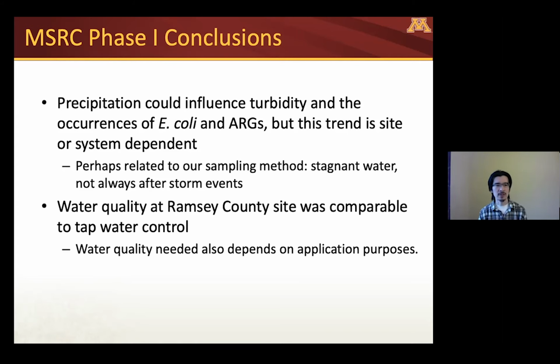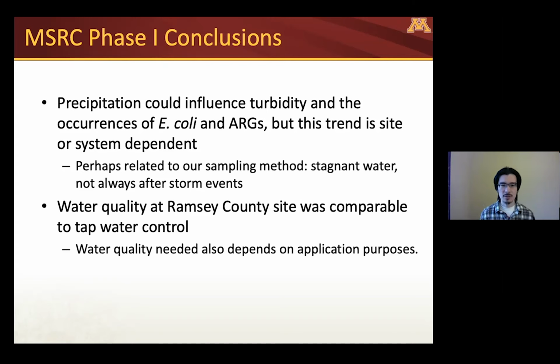We also found that the water quality at Ramsey County site was comparable to tap water control. But this does not necessarily mean that other sites did not do a good job. The water quality needed is dependent on application purposes. We may not necessarily have to have tap water quality water to irrigate or to flush toilets.